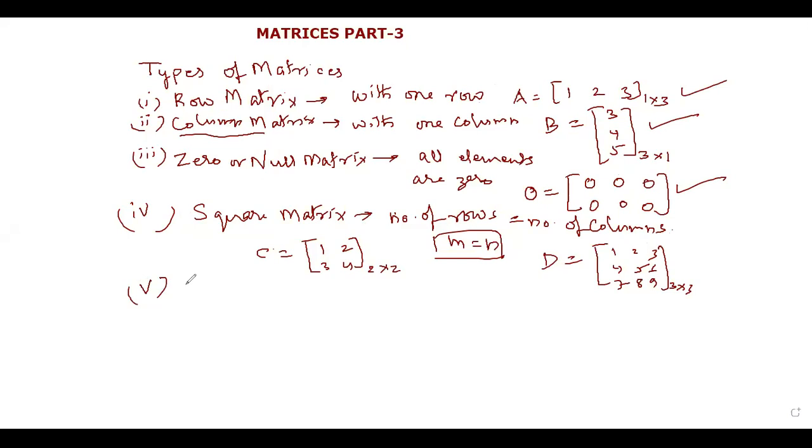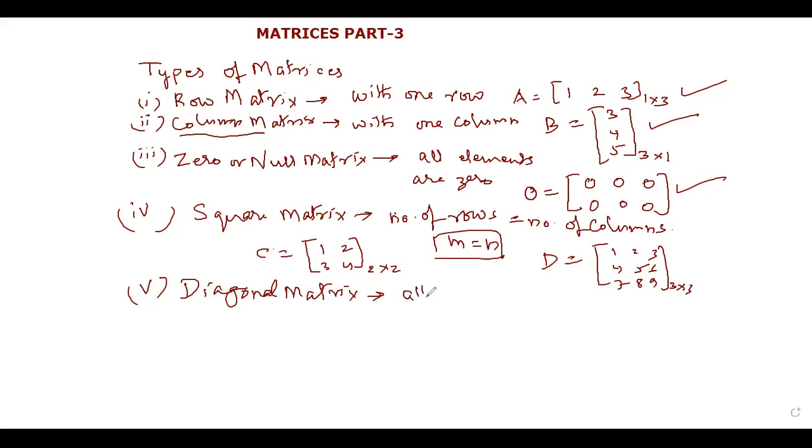Then we have diagonal matrix. Diagonal matrix, a matrix in which all the elements lying outside the diagonal are zero.